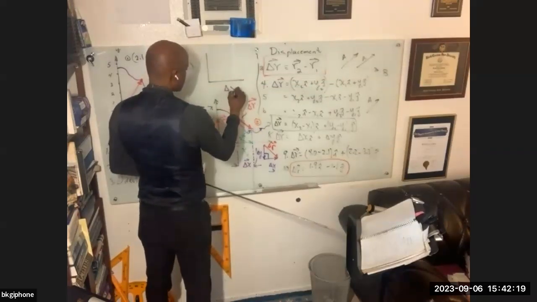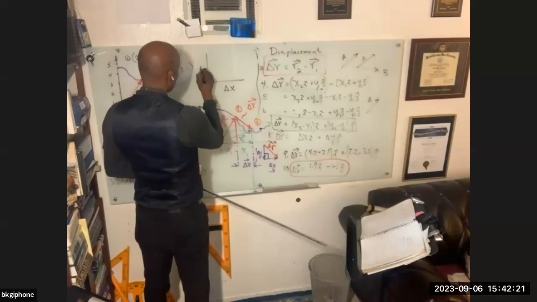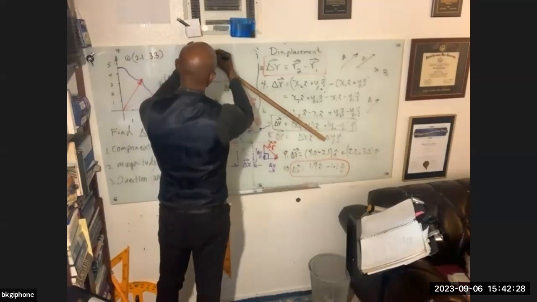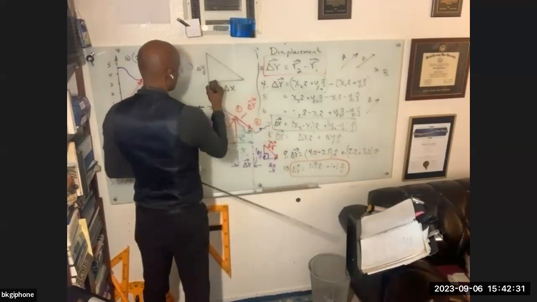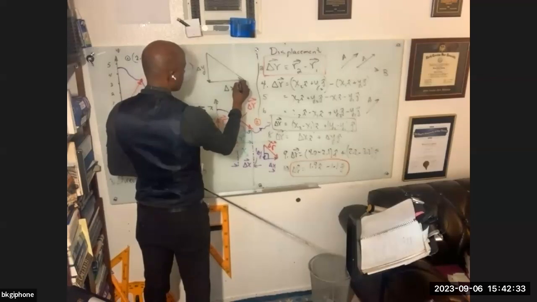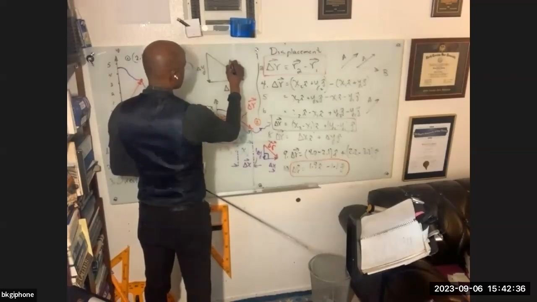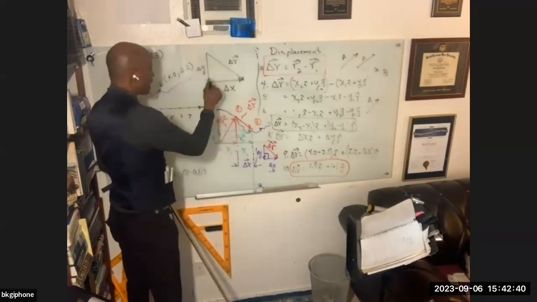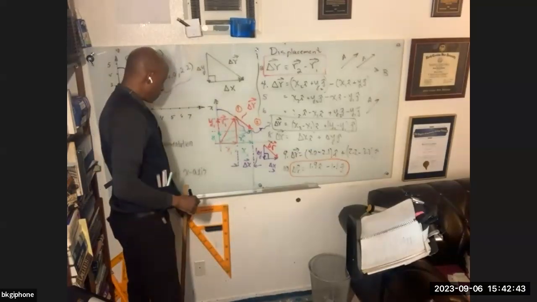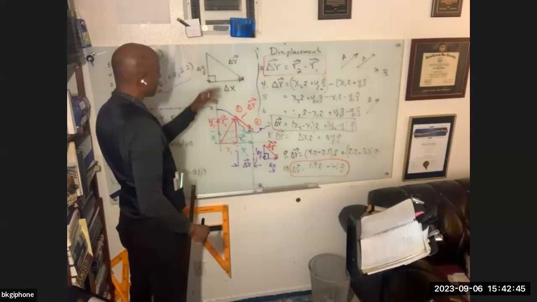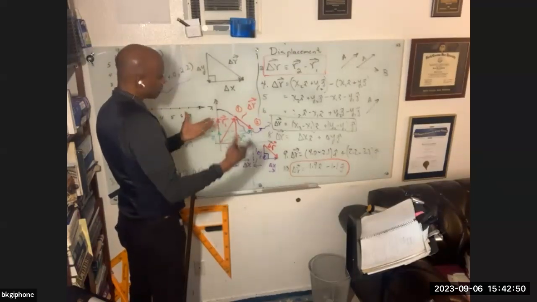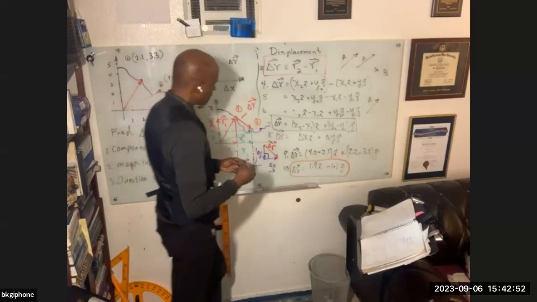This was delta x, and this was delta y, and this is delta R. We know this is a right triangle, so by the Pythagorean theorem, the length of delta R is equal to the square root of delta y squared plus delta x squared. You might remember that.